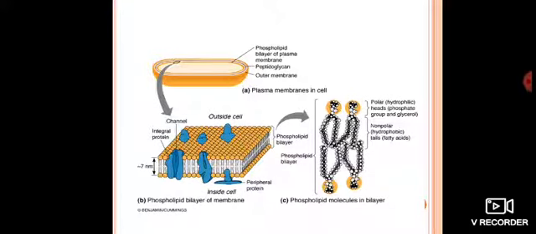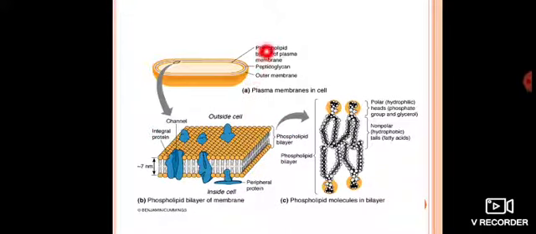Okay, in this diagram we can easily observe the innermost part. First we have to concentrate on this diagram. This is the whole bacterial cell, and here we can observe a small box, which is the plasma membrane. Now that plasma membrane is magnified in this diagram.